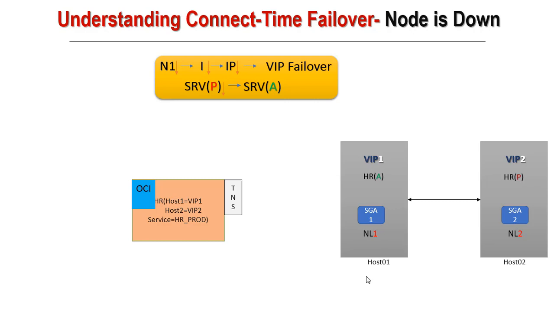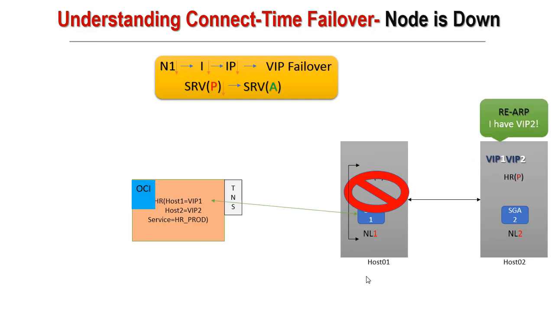VIPs are going to be public IPs, the IPs which run on the same public subnet. That means the VIPs are discoverable by the clients, and because they are a part of the network, they share the configuration of the network card.